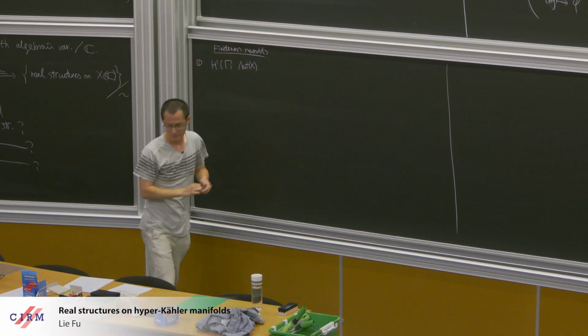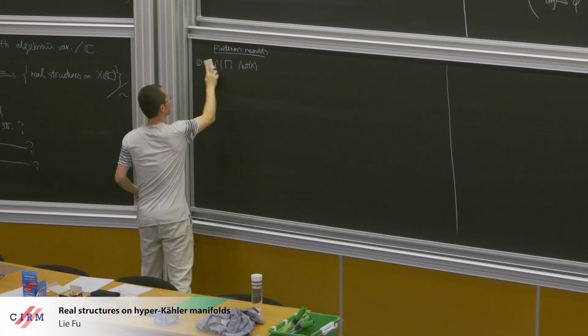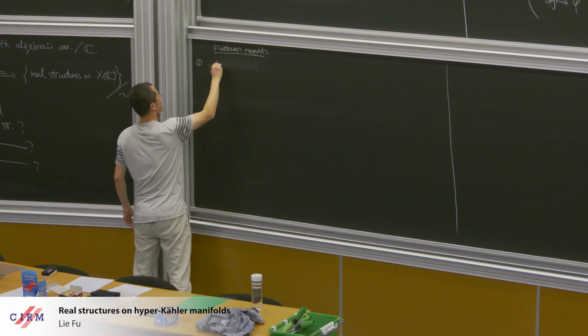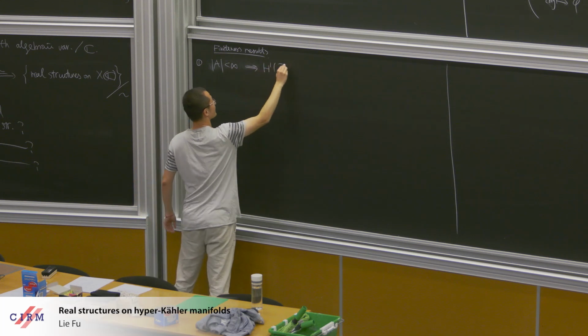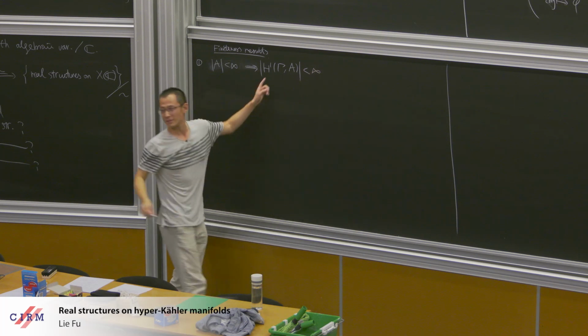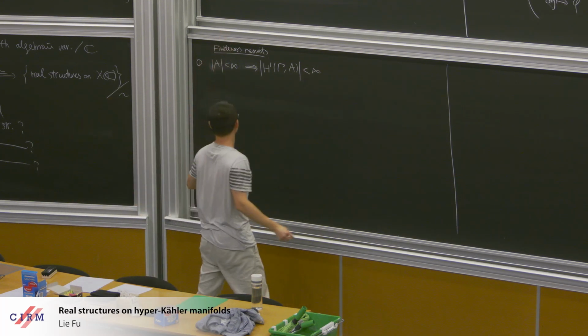If A is a finite group, then H1 of gamma A is finite. This is obvious because of the definition.